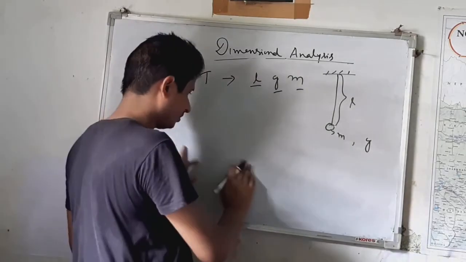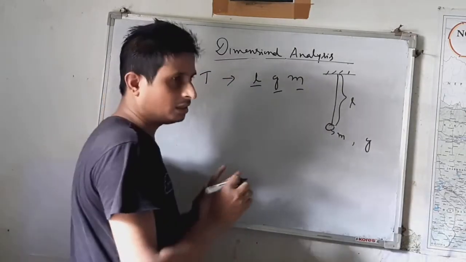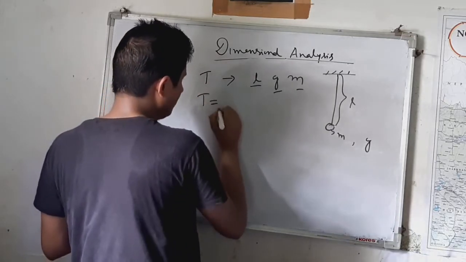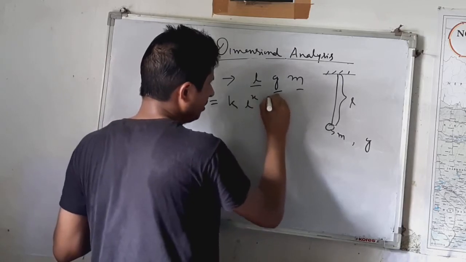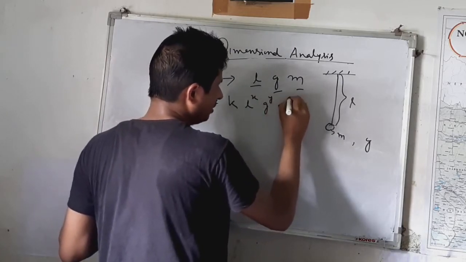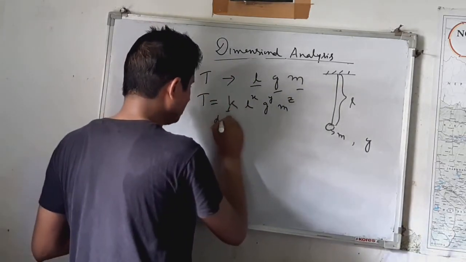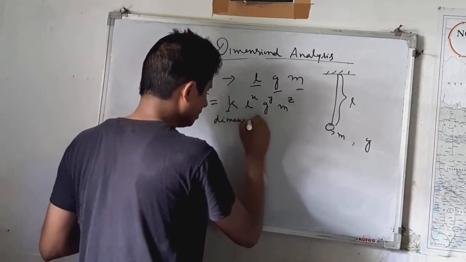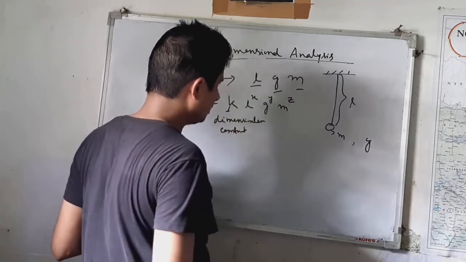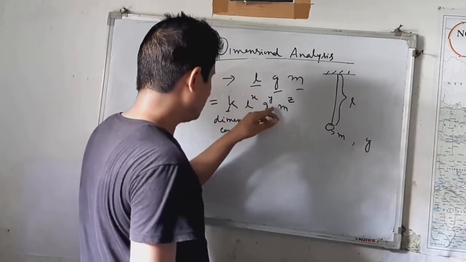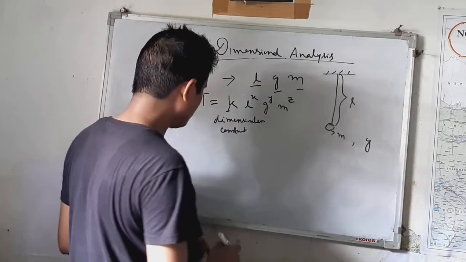We consider that the time period can be expressed as K L to the power x, g to the power y and m to the power z. Here K is a dimensionless constant. L, g and m have certain powers.